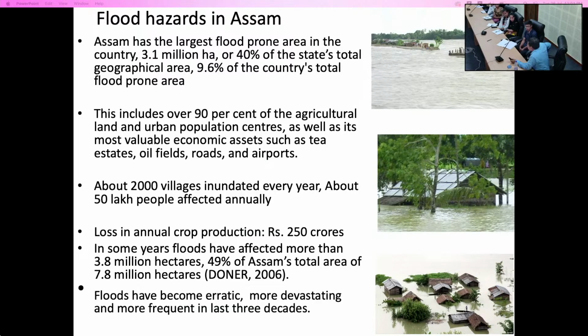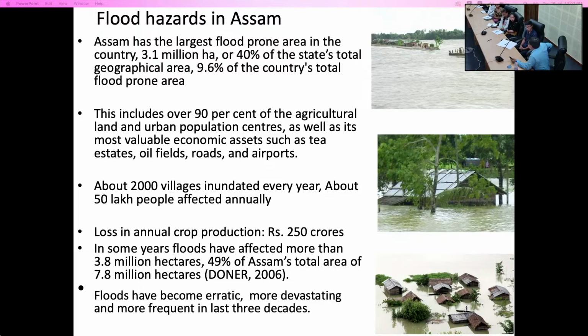If you go back to the data of ASDMA this year, they will tell you that out of 36 districts of Assam, 32 are under water. So much of area is under water. Almost 60% area is under water. Things like that. 50% area is under water. More than 5,000 villages are affected, etc.